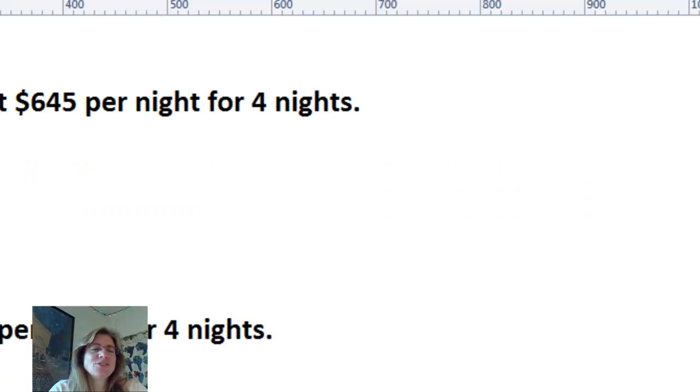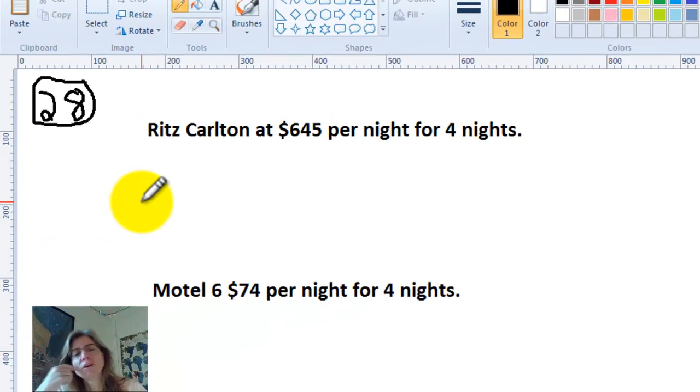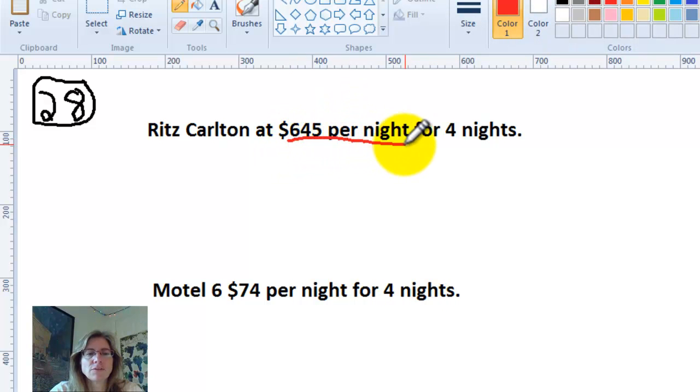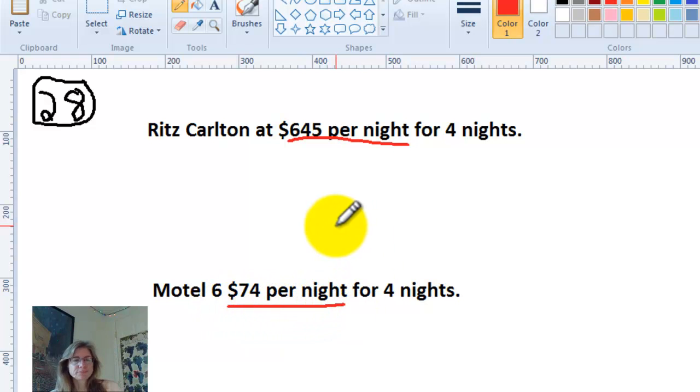Anyway, so we'll look at the 2 problems, and what you're trying to compare is how much is it at the Ritz-Carlton for 4 nights versus how much is it at Motel 6 for 4 nights. So if this is the rate per night, $645 for 1 night, we obviously know which is the cheaper hotel, but we're going to have to come up with numbers because that's the math problem that we're working on.